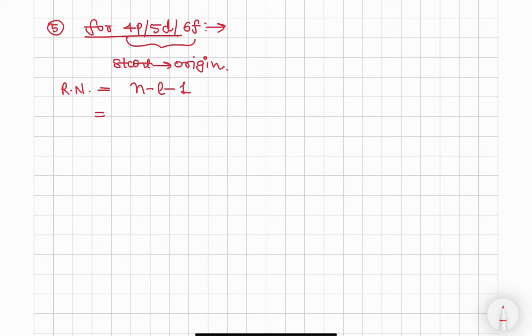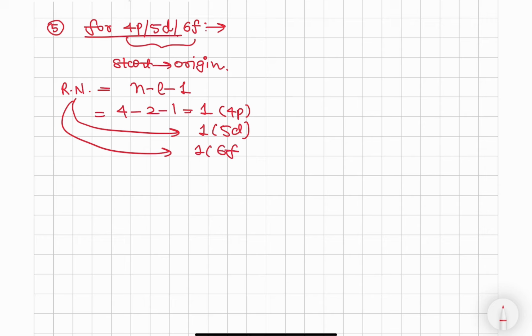For 4p orbital, what is the value of n? 4 minus what is the value of L? 2 minus 1, this will be 1. Similarly, radial node 1 for 5d orbital, radial node 1 for 6f orbital. That means cut with x-axis is 1.